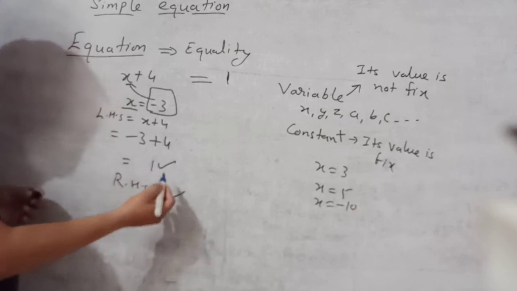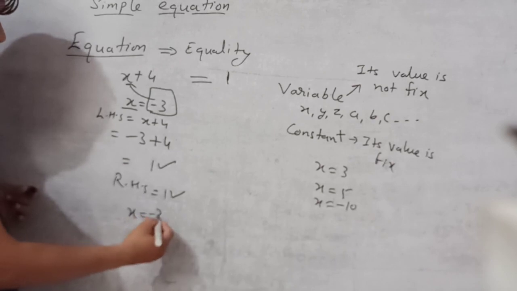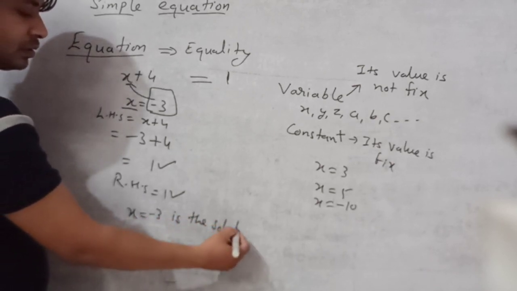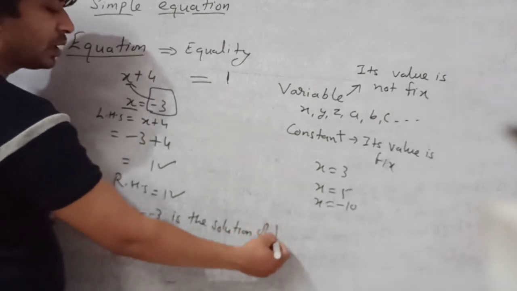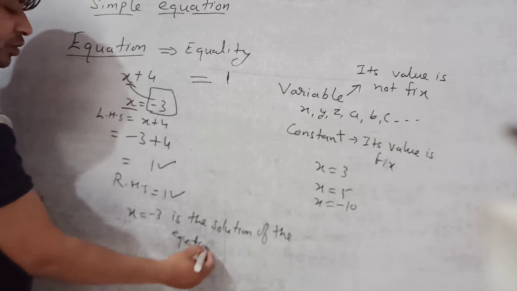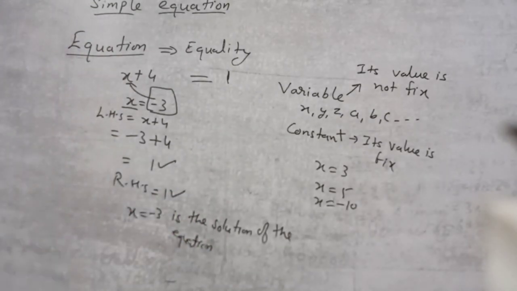If both values come out the same, then we can say that x equals minus 3 is the solution of the equation. So this is the introduction of the fourth chapter.